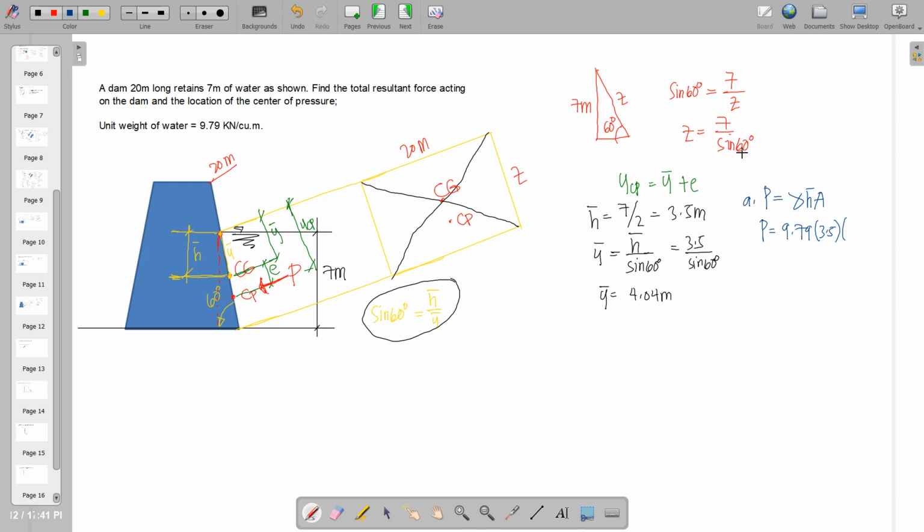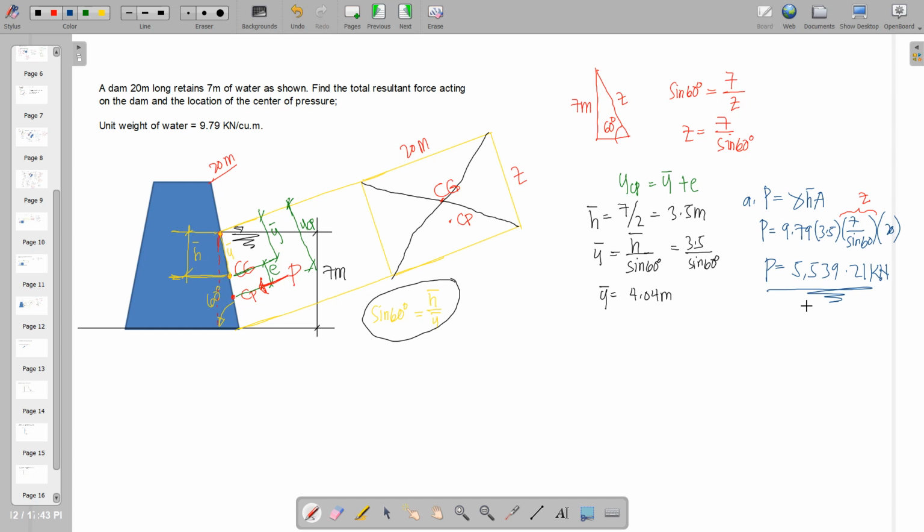Hence Z is 7 over sine of 60 times 20 meters. Noting that this is Z, we can now compute for the value of P, which is equal to 5,539.21 kilonewton.